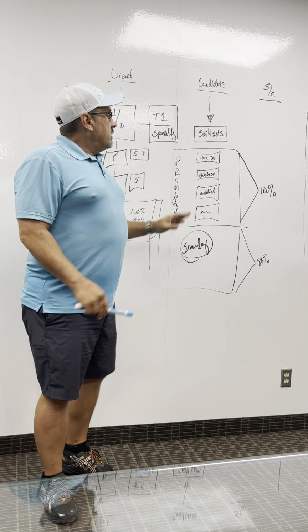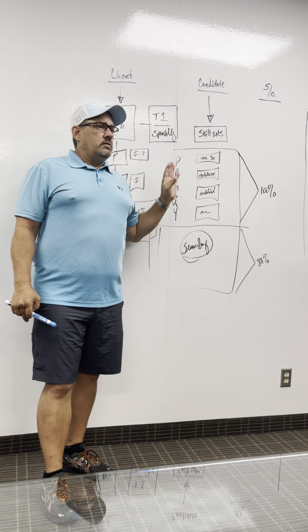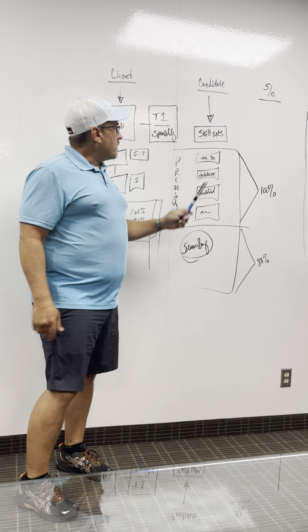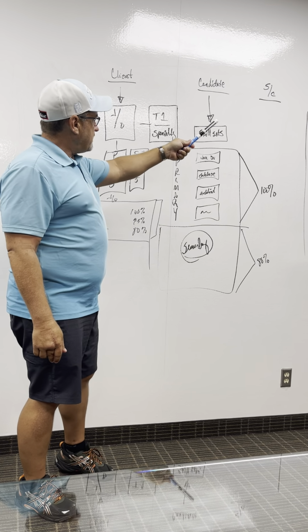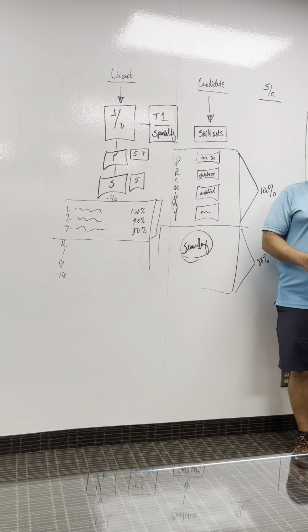Now, let's talk about a job offer. Candidate matches the skill sets, connects to the job by the staffing company. Now we get to an offer. Inside of the system, there needs to be a window of time that is allocated for an offer to be accepted or declined.